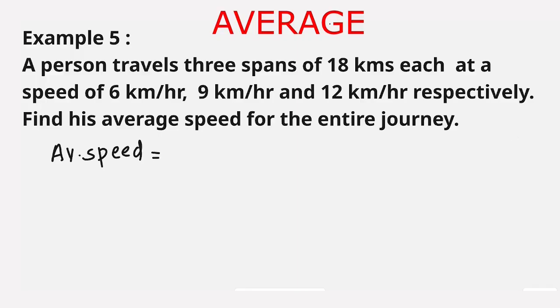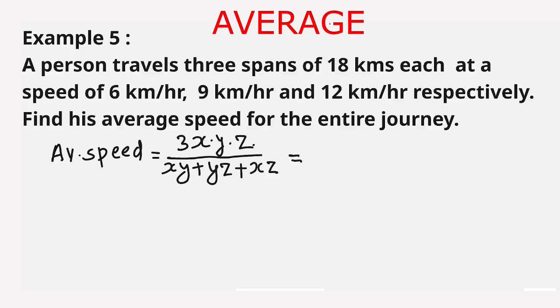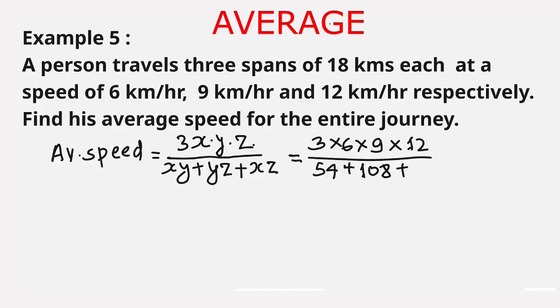We have learned the formula of average speed, which is 3 into x into y into z divided by xy plus yz plus xz. This is equal to 3 multiplied by 6 multiplied by 9 multiplied by 12 divided by 6 into 9 is 54 plus 9 into 12 is 108 plus 6 into 12 is 72.